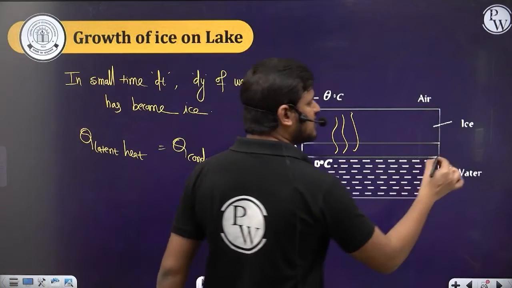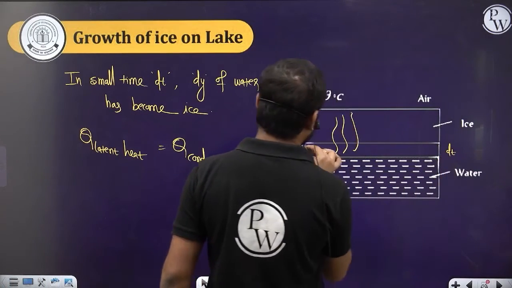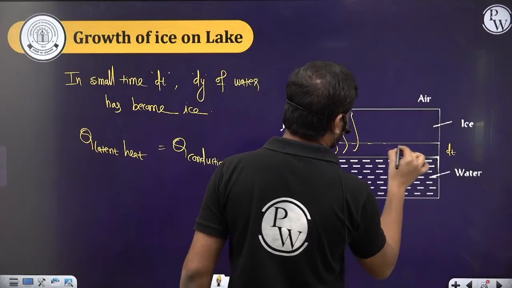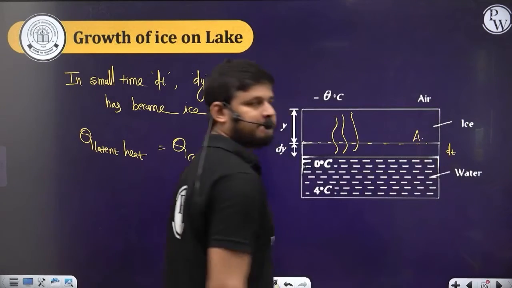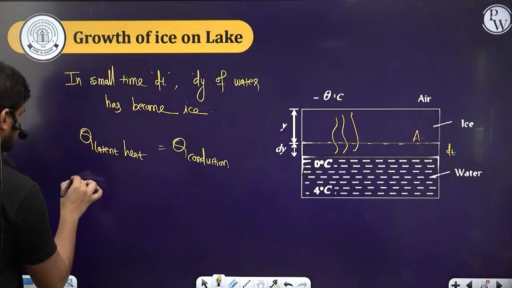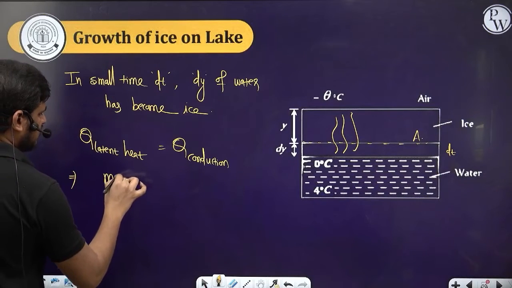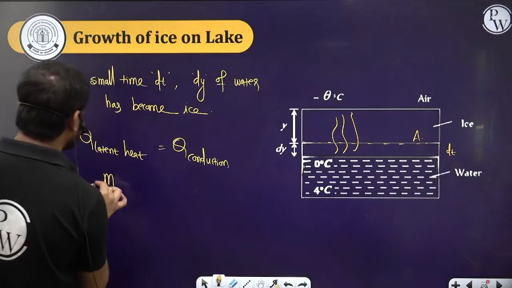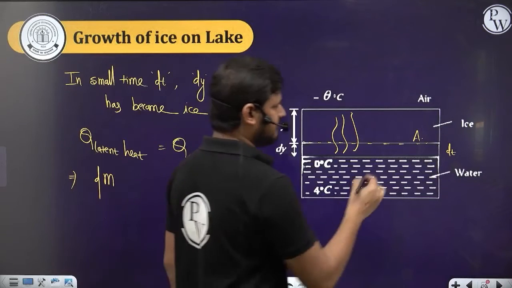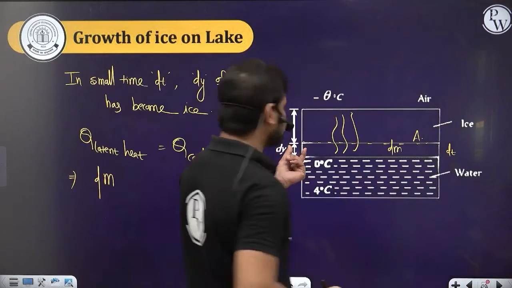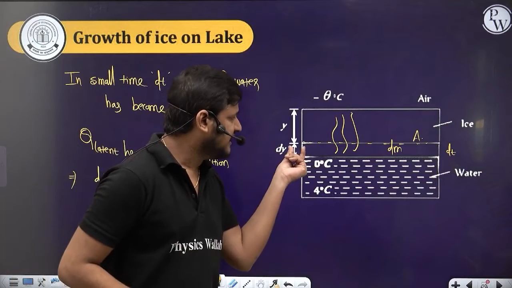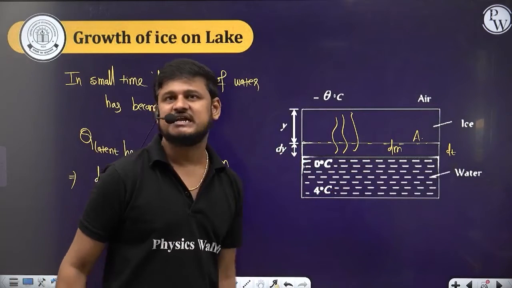In the small time dt. Okay, chalo. So let its surface area be A. Now you know the formula here, m into L. So let's say the small mass dm of the small layer dy. Chalo.